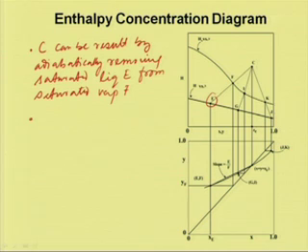This can also be considered removing adiabatically saturated liquid G from I, or J from K, and any such combinations can be drawn and we can obtain C.